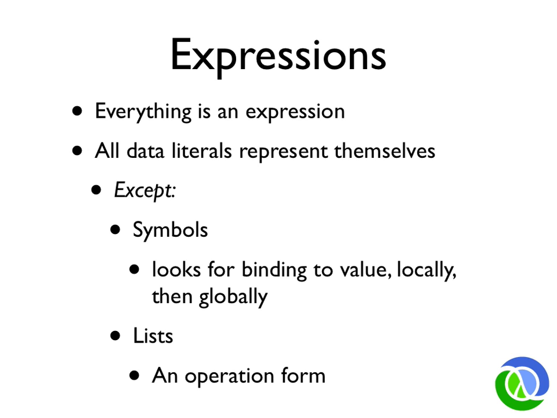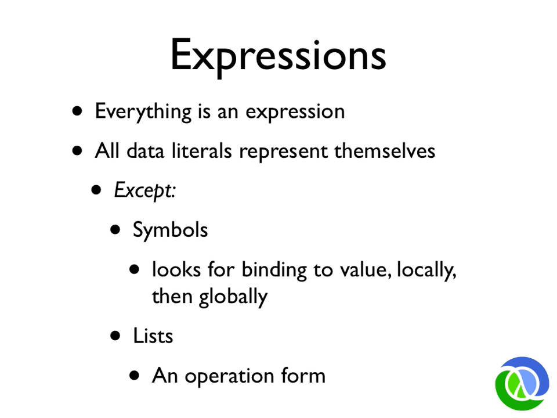There's a really simple rule for that. It's slightly oversimplified, but in general you can understand it this way. All those data literals I showed you, right? Symbols, numbers, character literals, vectors, maps, sets, are all evaluated by the compiler to represent themselves, except lists and symbols.